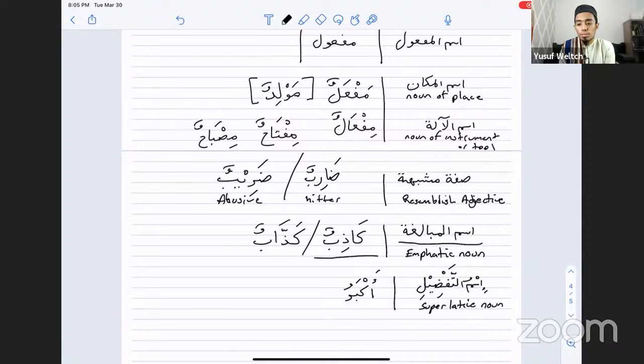A fa'il. So ism al-fa'il. So what are the root letters? If you take out all the extra letters... Kaf, tha and ba. Good. Kaf, tha, and ba.